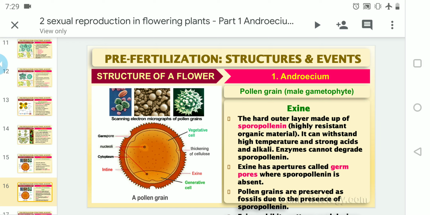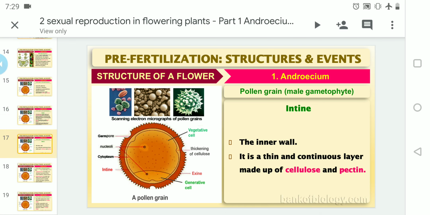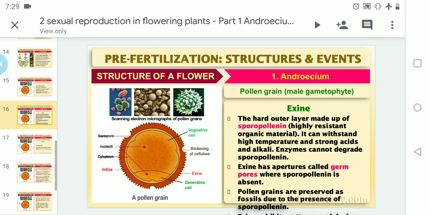And these pollen grains are preserved as fossils due to the presence of sporopollenin. I told you this sporopollenin is a highly resistant organic material. It can withstand high temperature and strong acid and alkali.